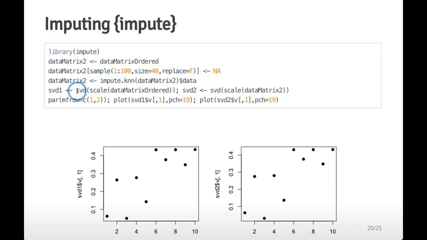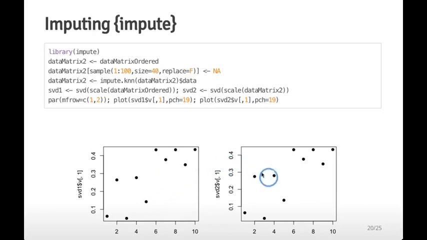You can then perform the singular value decomposition on both the original data set and the data set that had missing values imputed with k-nearest neighbors, and then plot the first right singular vector of both of those analyses. You can see that they're very, very similar to each other.